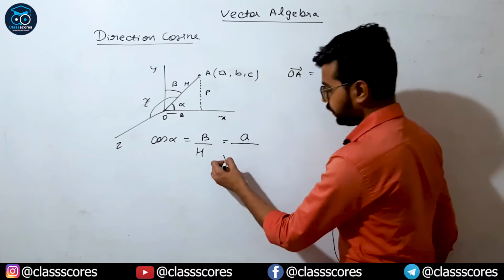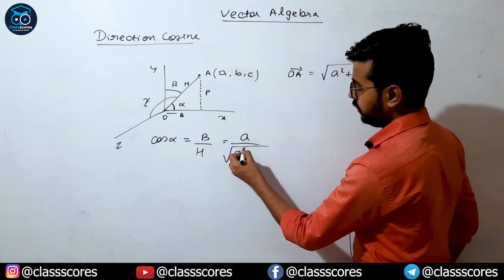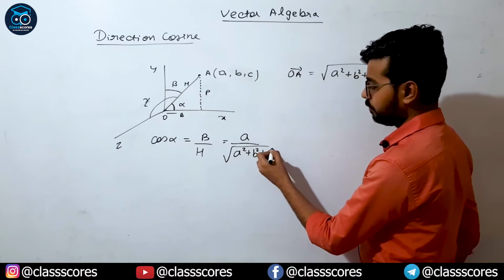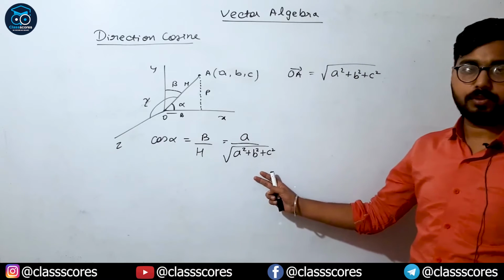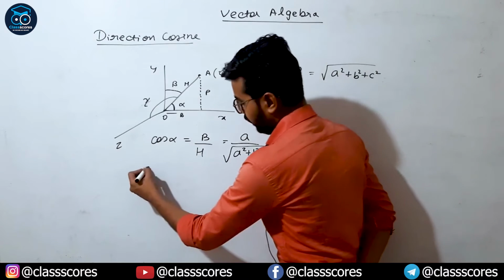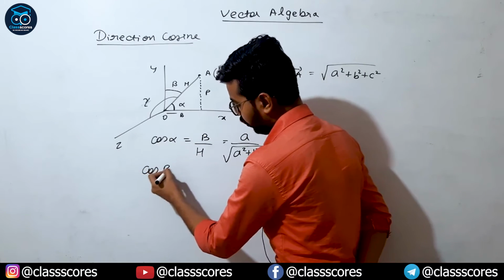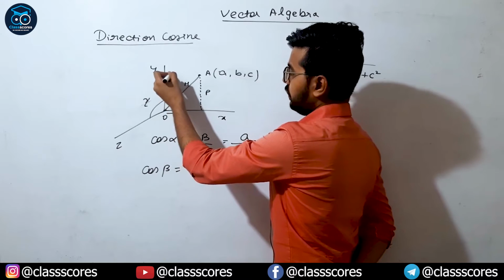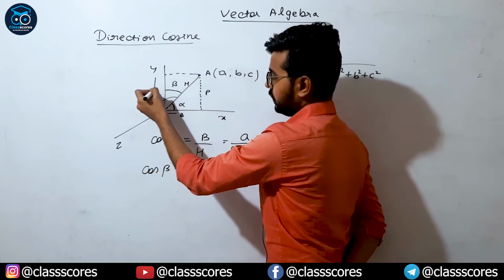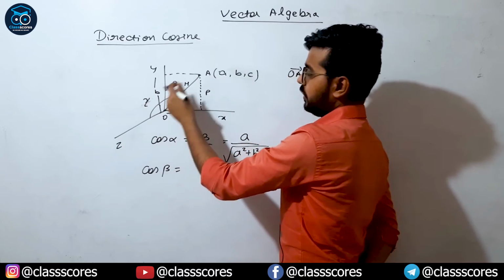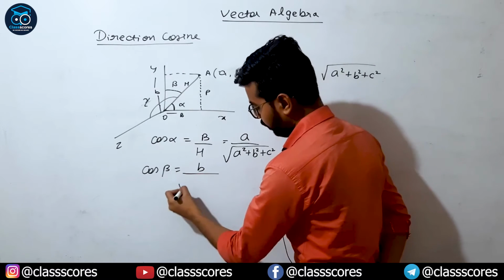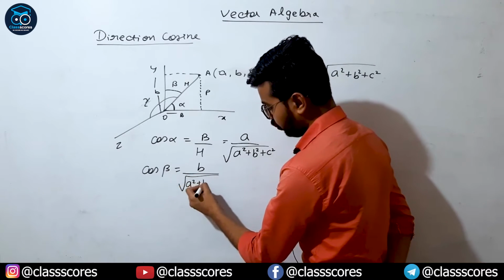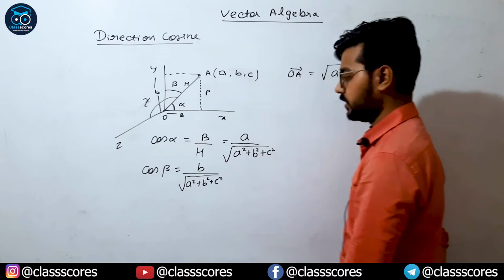So just substitute it here: square root of a square plus b square plus c square. From this we can get the value of cos alpha. In the same way we can find the value of cos beta. Here the length is b and the hypotenuse is the same, so cos beta is b upon square root of a square plus b square plus c square.